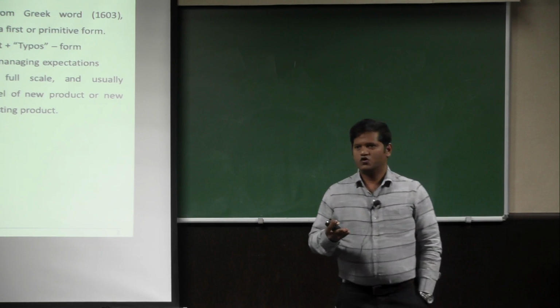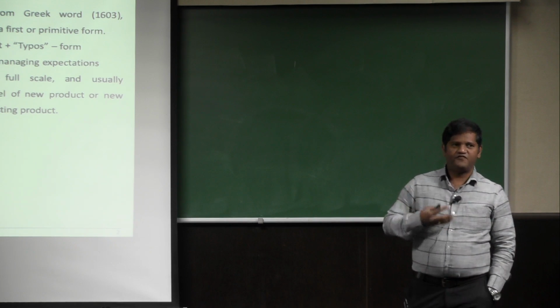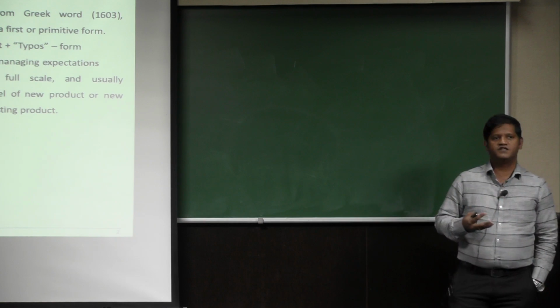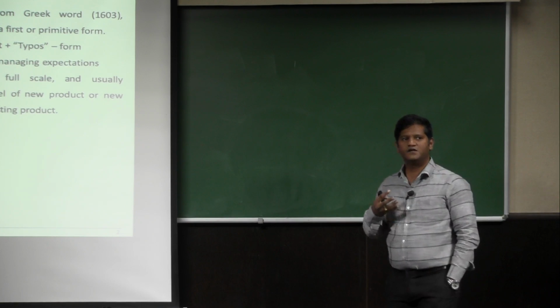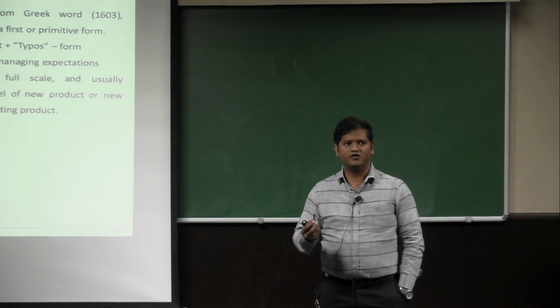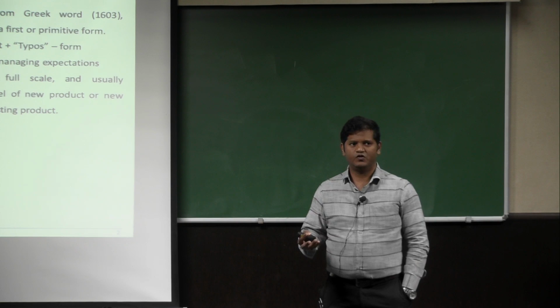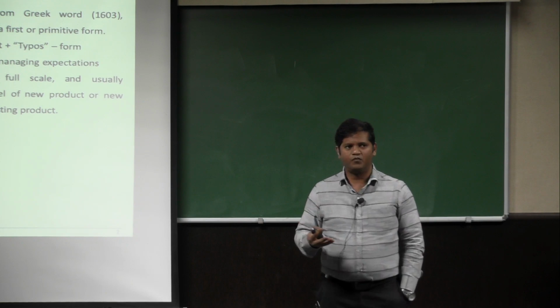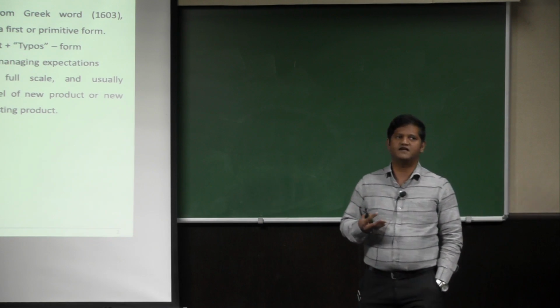The prototype is the first physical representation or first physical model of the design that is being made by the designer. They make this prototype model in order to test and evaluate the design.